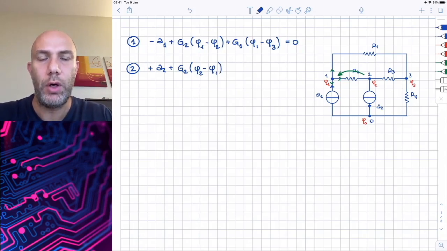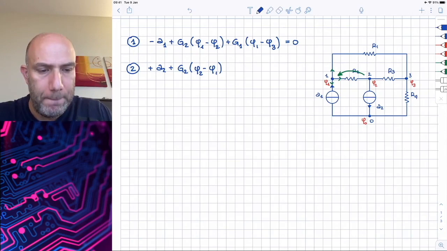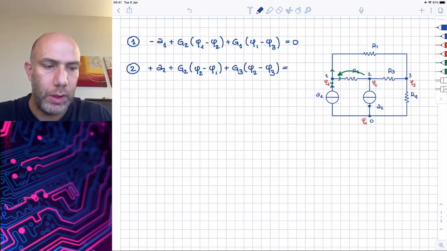So we always have to put the potential of the leaving node minus the potential of the node where the current is flowing to. And finally, plus G3, phi 2 minus phi 3. And again, this equals 0.